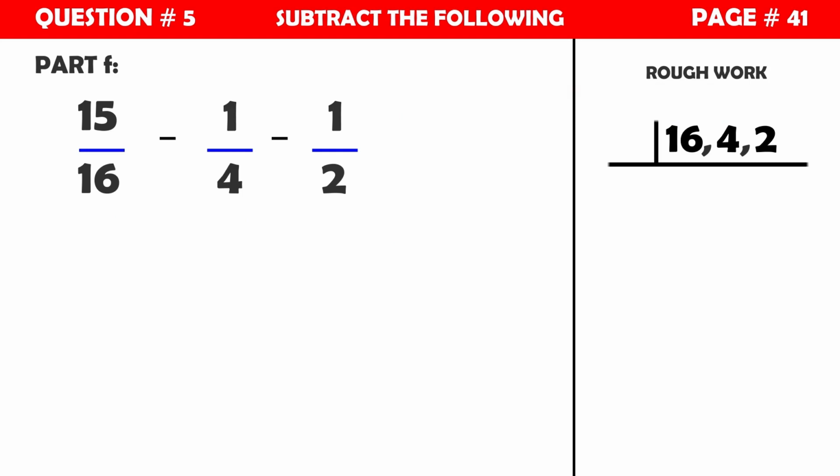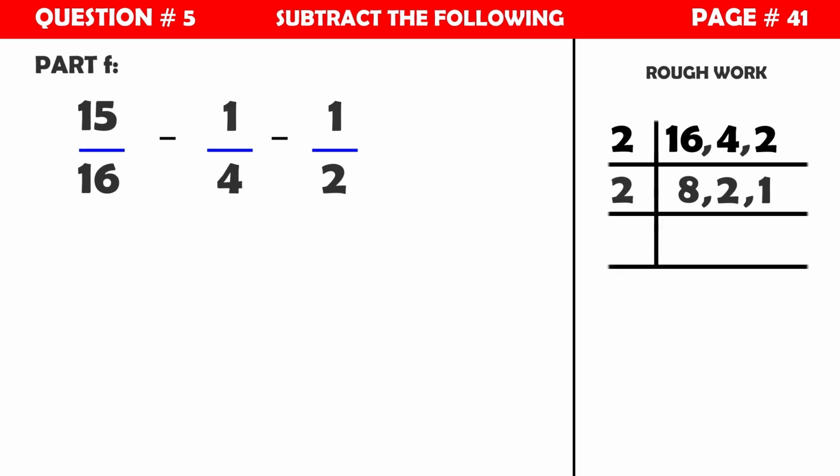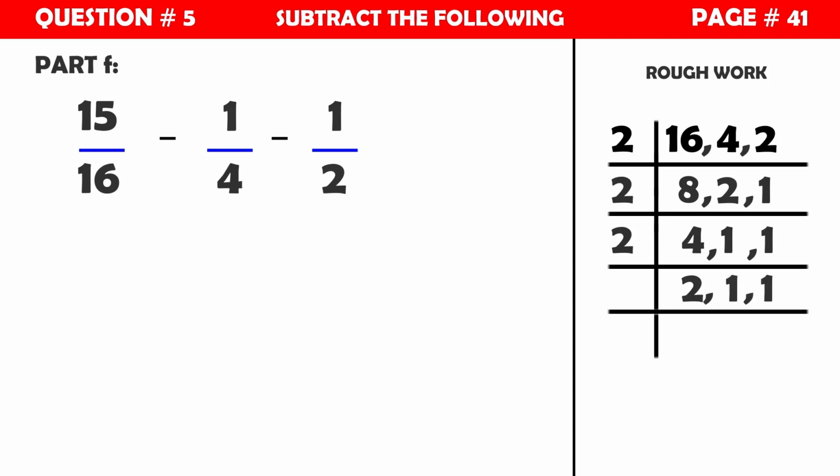Yes, they all are divisible by 2. 2 8s are 16, 2 2s are 4 and 2 1s are 2. Now move to the next step. 2 4s are 8, 2 1s are 2 and 1 will remain as it is. Then 2 2s are 4 and 1 will come as it is. Now only 2 is left, so 2 1s are 2.